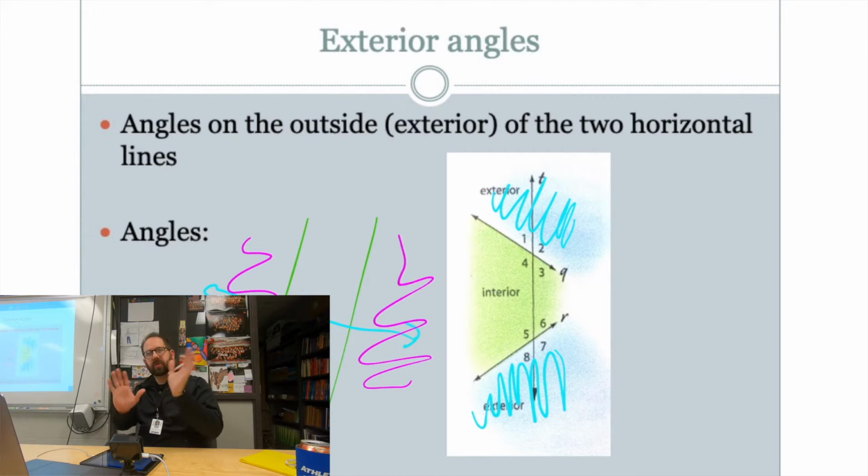You maybe have to turn your head and kind of see it. So in this picture, it's 1, 2, 7, and 8. In the second section, we're going to start learning properties about these. What can they add up to be? All that good stuff. Especially if they're parallel lines. So those are exterior.